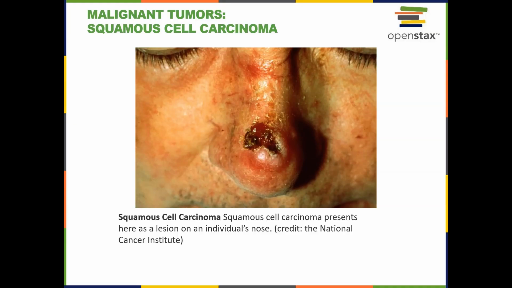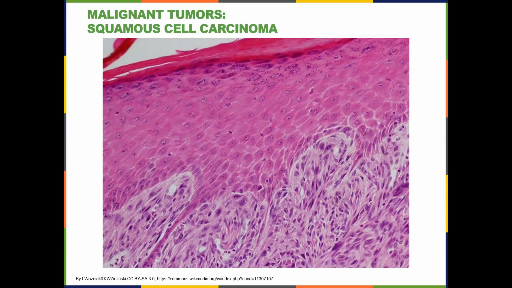While treatment typically involves surgery to remove the initial malignant tumor, if the squamous cell carcinoma has metastasized and spread to other regions of the body, treatment might require chemotherapy or radiation or immunotherapy, medications that can activate the immune system to help destroy the cancer cells. Here we see the histology of a squamous cell carcinoma, where the mutated keratinocytes are invading into the dermis.